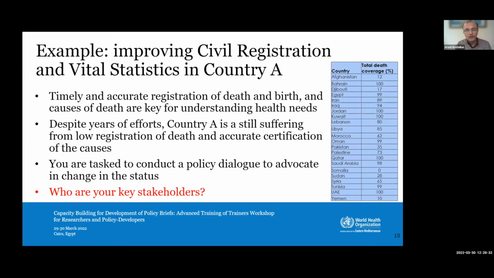So all those issues. Now I bring an example for us to discuss, and I would like to see your reaction to that. Maybe this is not an area for all of you: improving civil registration and vital statistics in countries. I don't know whether the terminology is familiar for all of you or not. Civil registration and vital statistics is about registration of the main civil events in our lives: birth, death, marriage, divorce.